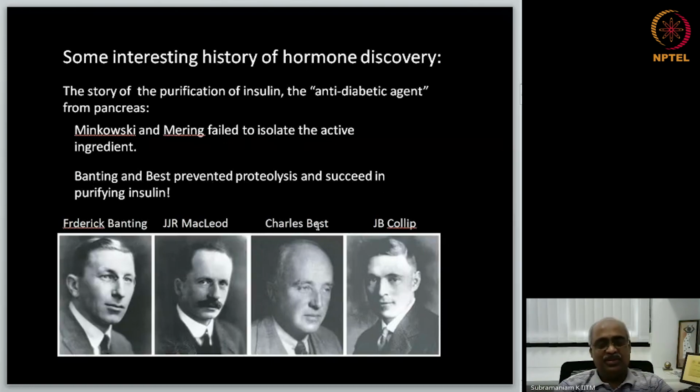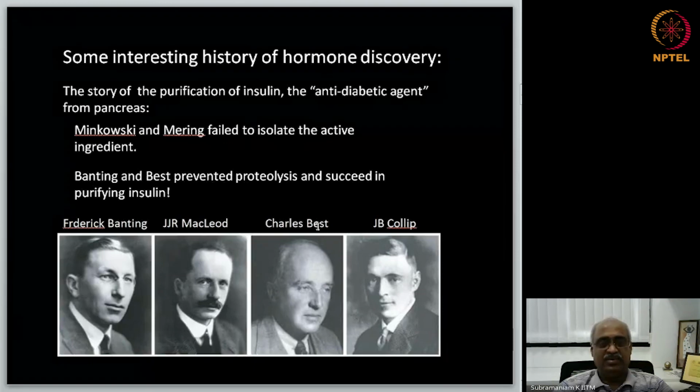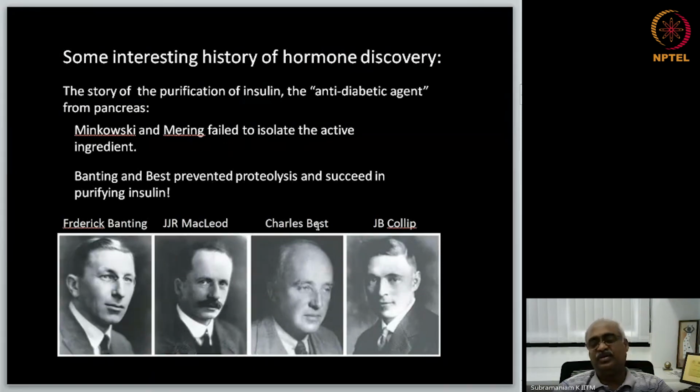In the purification process, the pancreatic extract, like crushed pancreas, will have the anti-diabetic effect. Now you keep purifying from that extract, and each fraction that you isolate from the initial soup, you test whether it has this activity or not. That is how you assay for a biological activity.